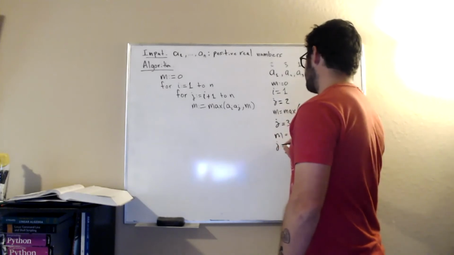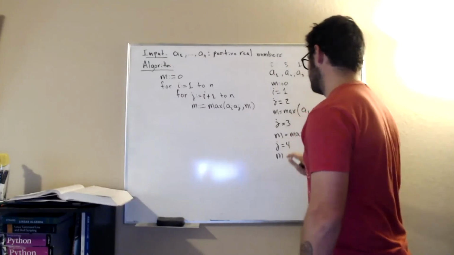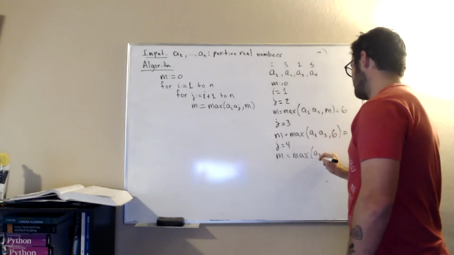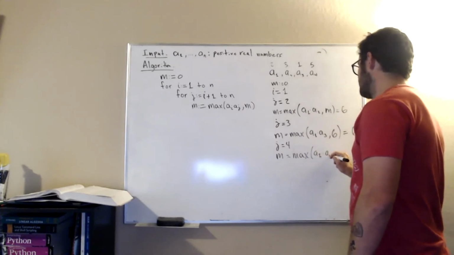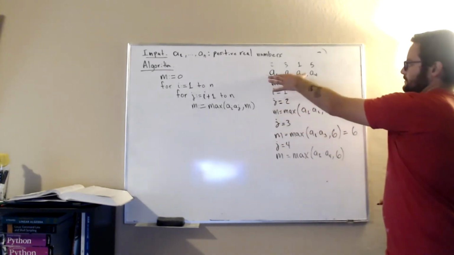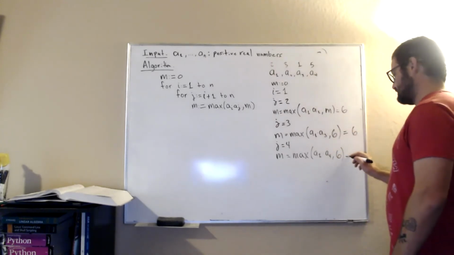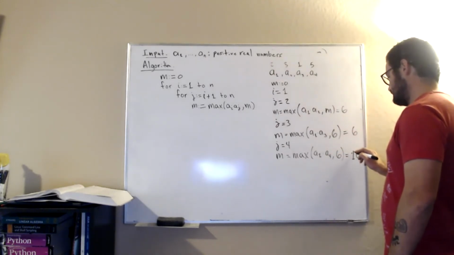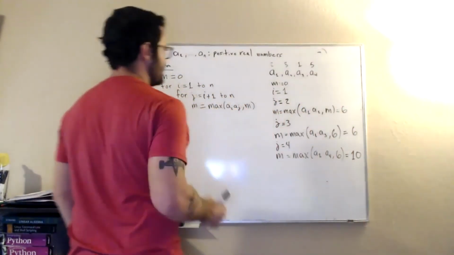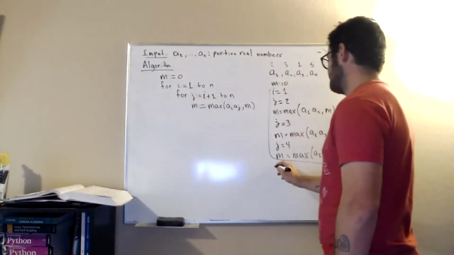Then J increments to 4, and M is the max of A1 times A4, M. M is still 6, and A1 times A4 is 10, so the max of 10 and 6 is 10. Then we've reached N, and now we increment I. That would be one iteration of it.